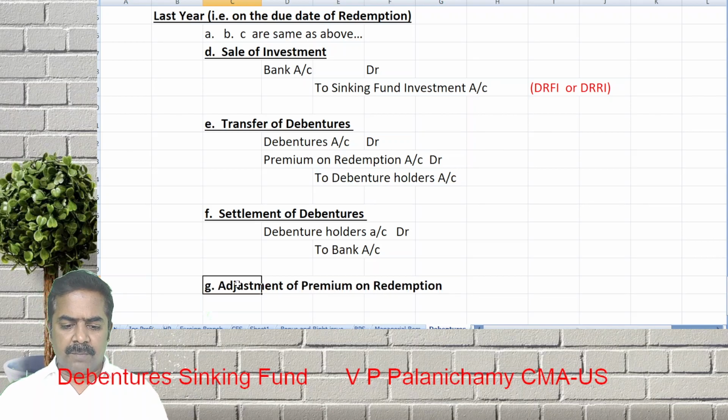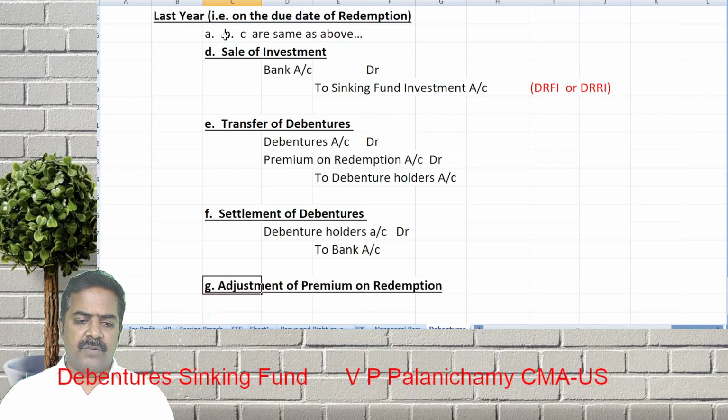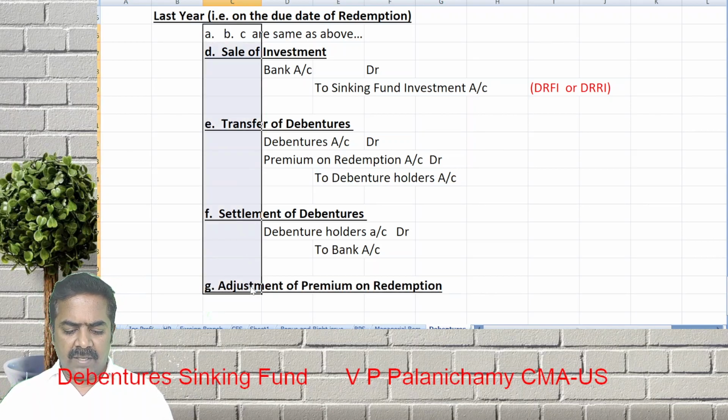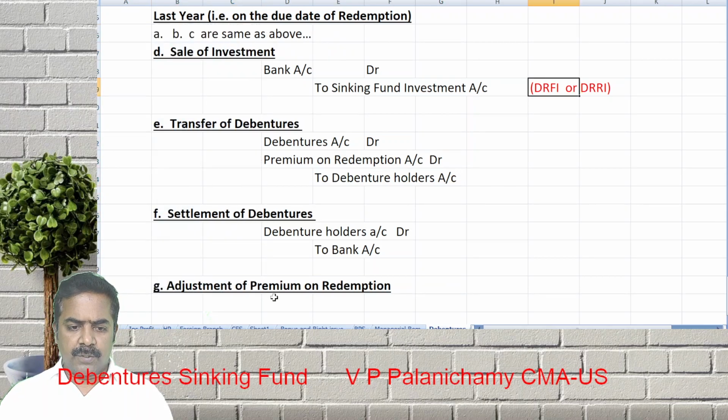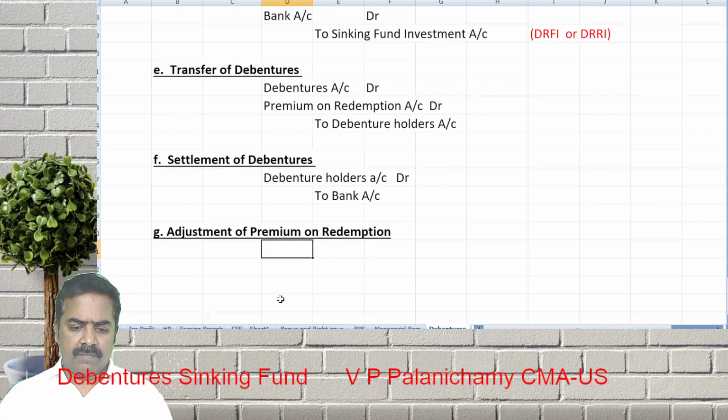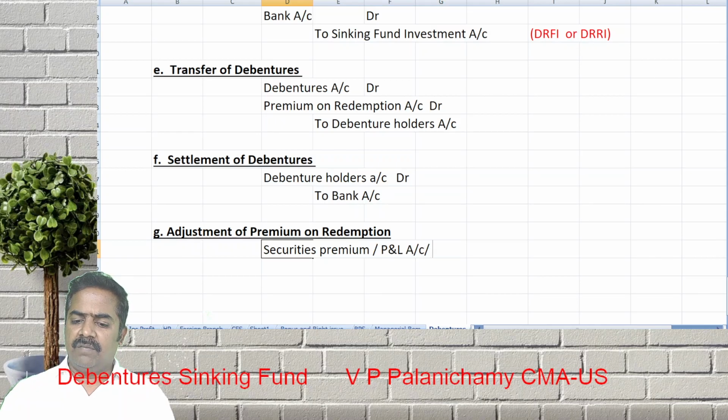We have paid the premium on redemption, right? We have learned in the preference shares chapter. Where will you normally adjust premium on redemption? Yes, here also you can use the same. For adjusting premium on redemption, if securities premium is there, use the securities premium. If securities premium is not there, use which account? P&L account. If that is so, capital reserve cannot be used.